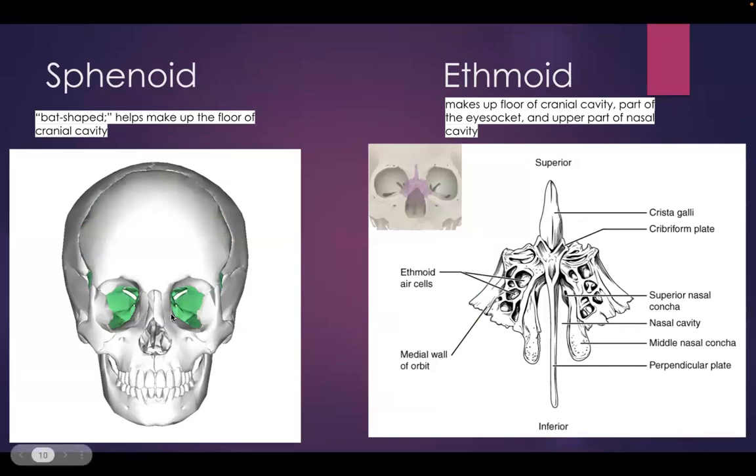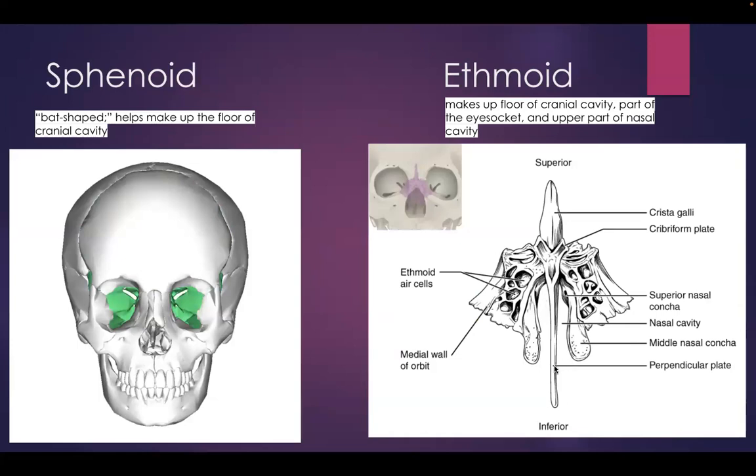It's a bat-shaped or butterfly-shaped bone that will help form the floor of the cranial cavity. And the ethmoid bone, this purple right here, is going to make up the floor of the cranial cavity as well. It's also part of the eye socket and the upper part of the nasal cavity.